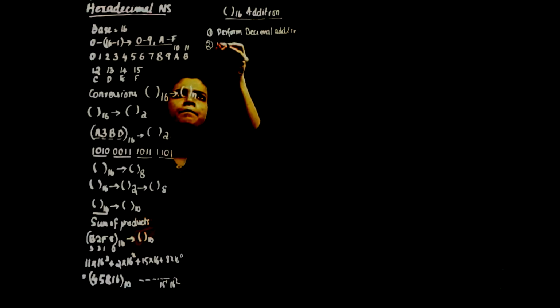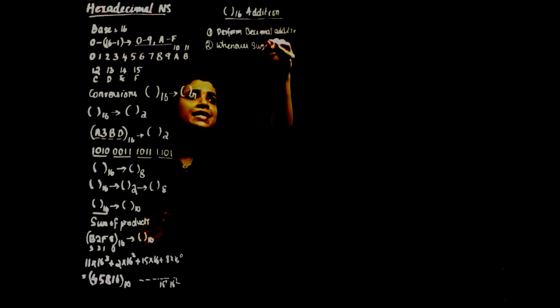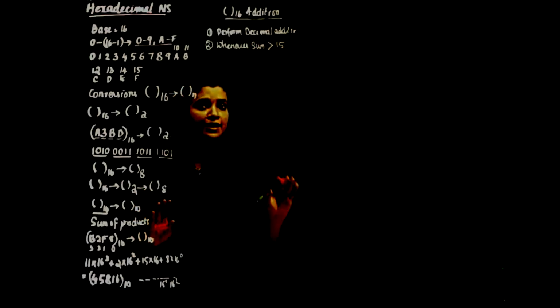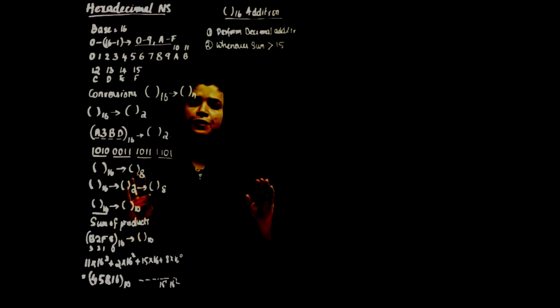For each individual sum, when the sum is less than or equal to 15, simply represent it using the corresponding hexadecimal digit.